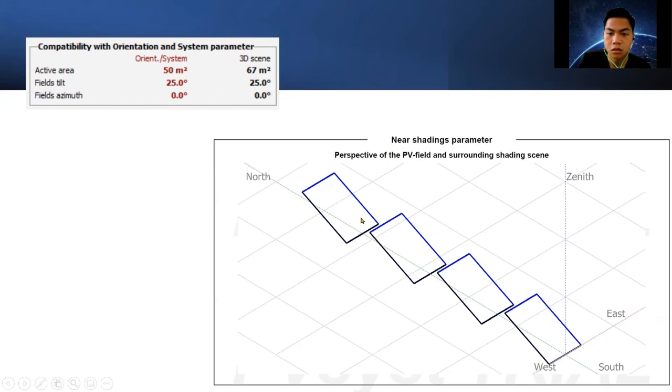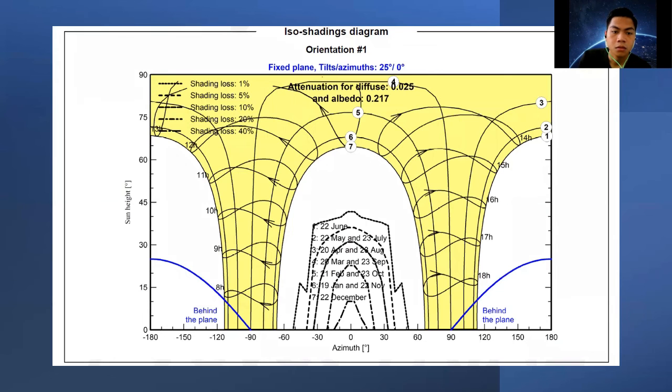So this is the design of the PV field. This is the iso-shading diagram, which shows the duration of sun that can be detected by the PV panel.